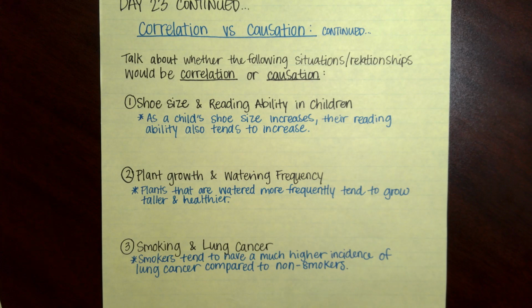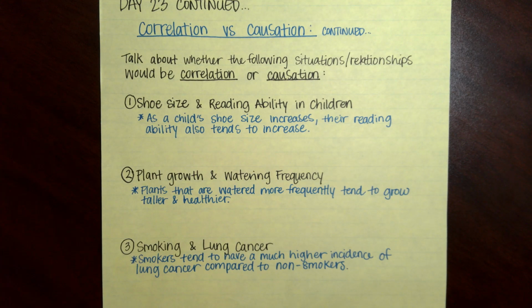The question I would like us to ask is specifically, does shoe size really affect reading ability? What do we think? No, guys. What do we think is the invisible variable there that's causing the correlation? Age. Probably age. As children grow, their shoes get bigger.